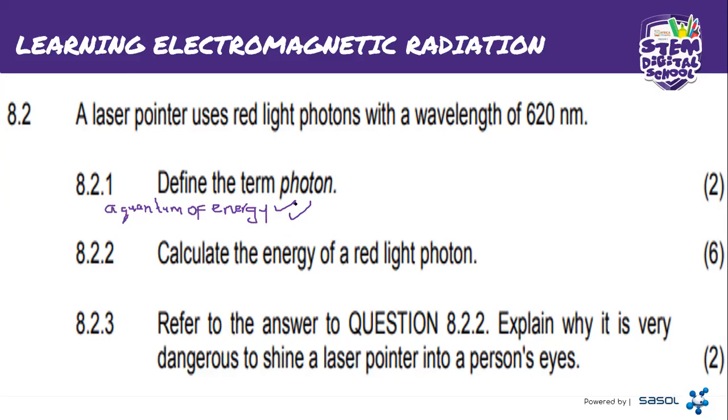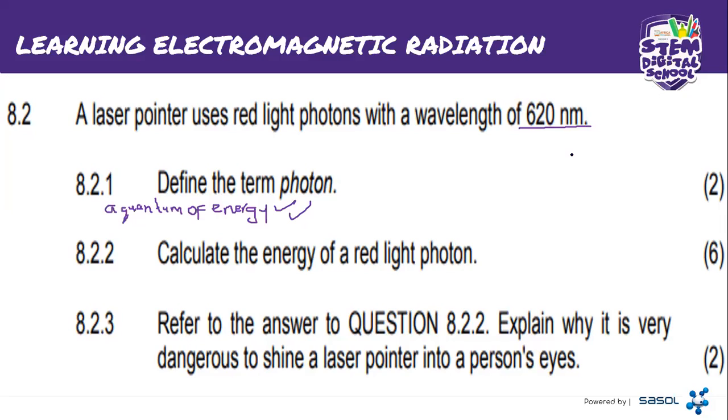We are required then, in 8.2.2, to calculate the energy of a red light photon. To calculate the energy, we have seen that this laser pointer uses those red light photons with a wavelength of 620 nanometers altogether.